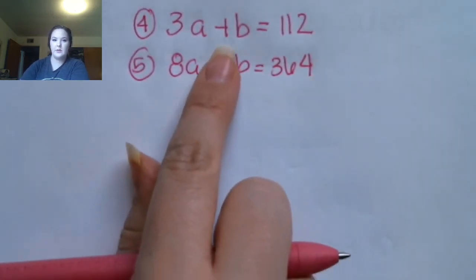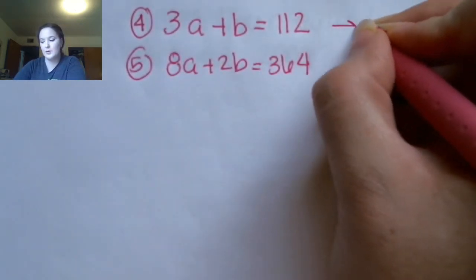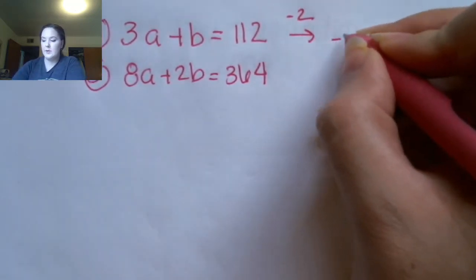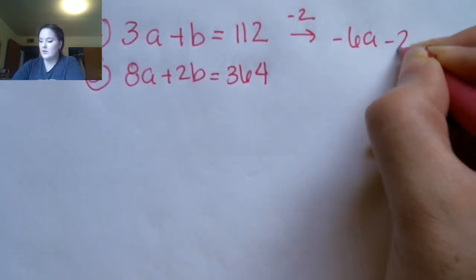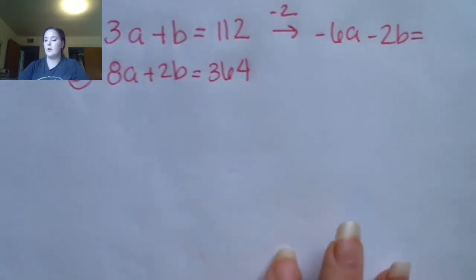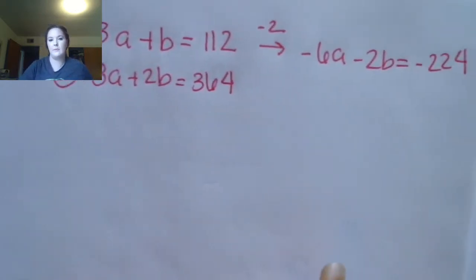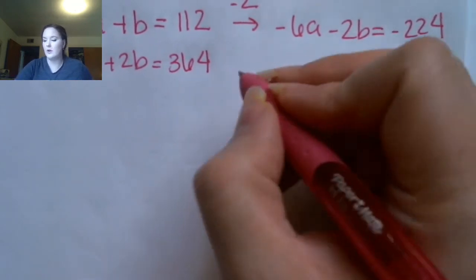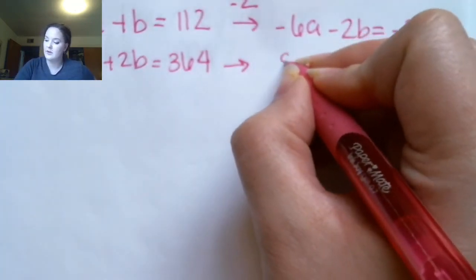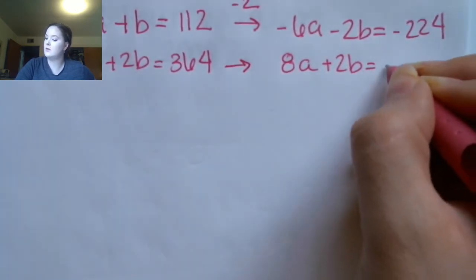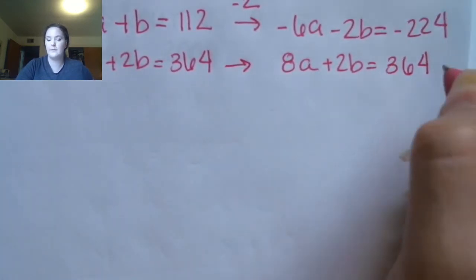Okay, so to cancel my b's, I'm just going to multiply the top equation by negative 2. Okay, so this gives me negative 6a minus 2b equals negative 224. Okay, and then I'm just going to copy my second equation. So 8a plus 2b equals 364.